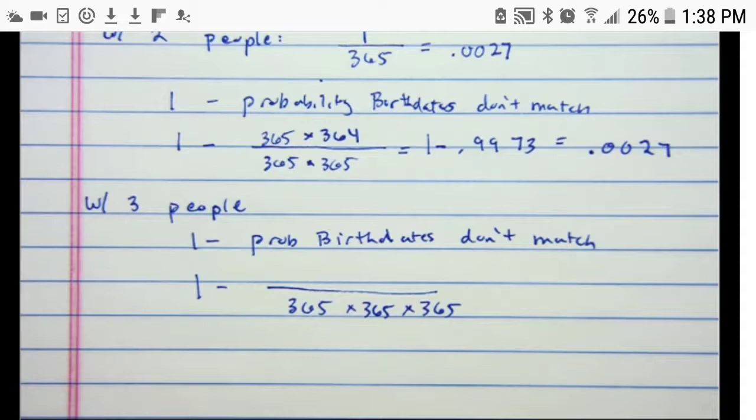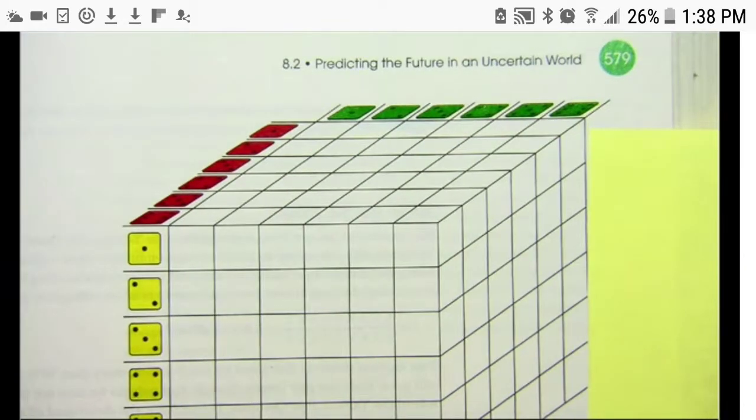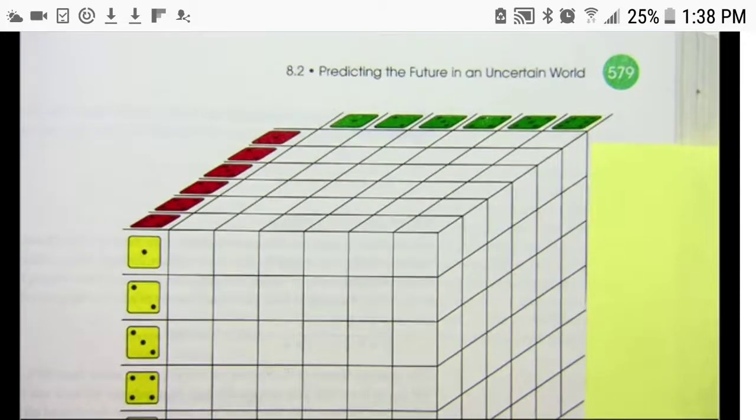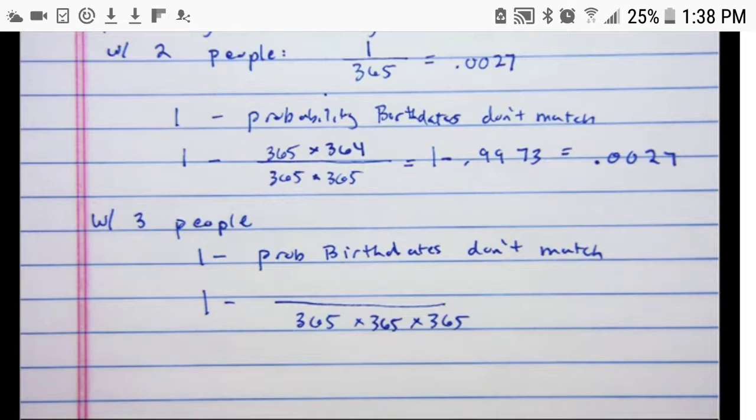Okay, so we had 3 dice, but we had 6 options for each. So now think of this cube stretching back 365 squares instead of just 6 squares, and being 365 squares tall and 365 squares wide. So all the different combinations that we could get with 3 different people's birthdays.